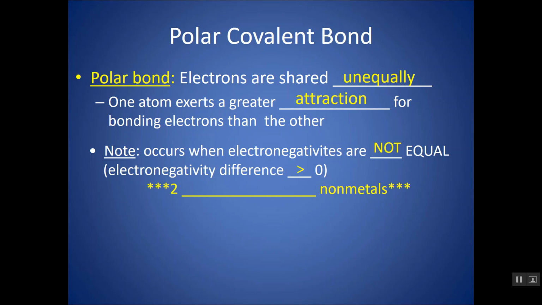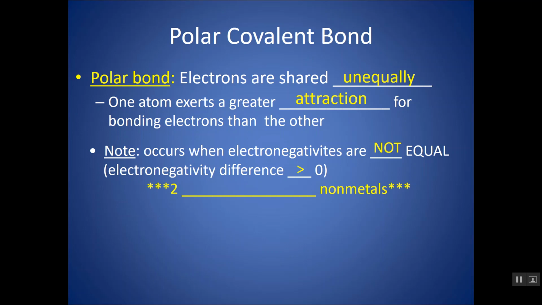Now, there's some textbooks that define finite or exact ranges of when something's polar and nonpolar, but essentially anytime the difference is greater than 0, you have a polar bond, and the further from 0 it is, the more and more polar it is. So we're just going to say anytime the difference is greater than 0, you have a polar covalent bond.